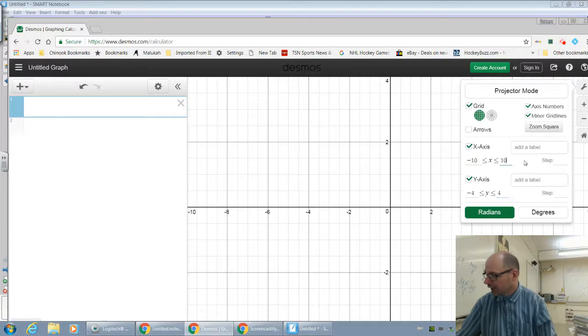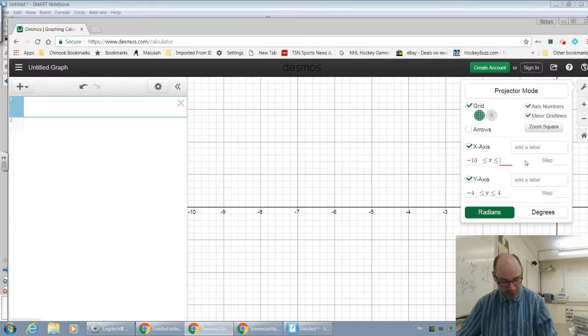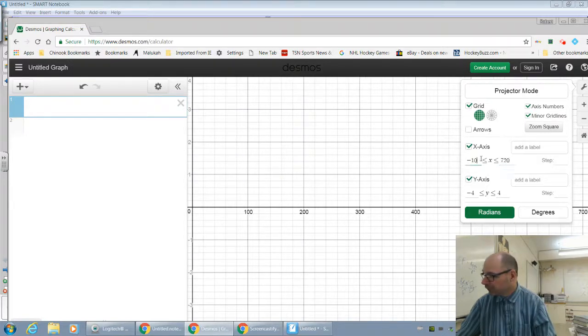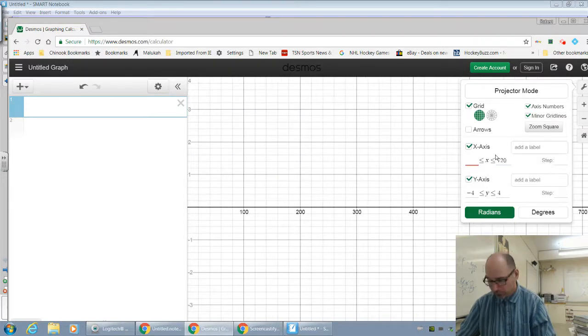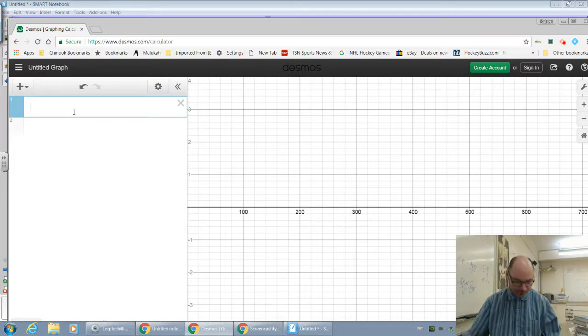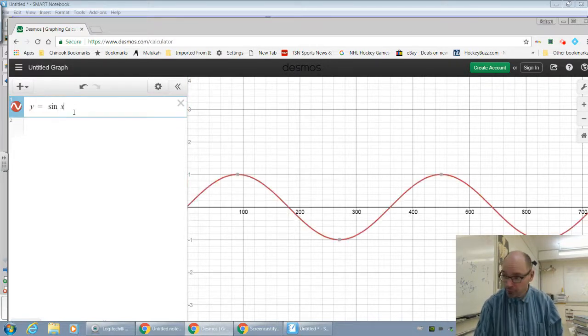Changed the wrong one. X-axis, that's the one I want to go to 720. We want to do it in degrees. Okay, so now we're going to start off with the y equals sine x graph. And there it is. There's two periods of it.